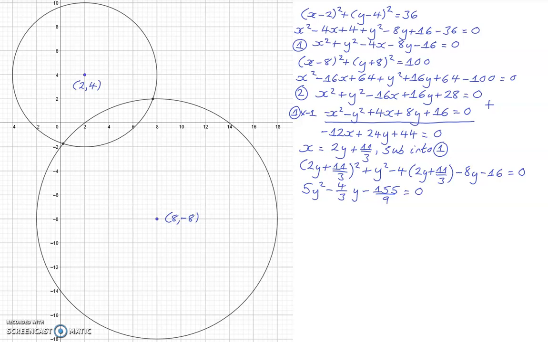And using the quadratic formula, we get the exact values of y.